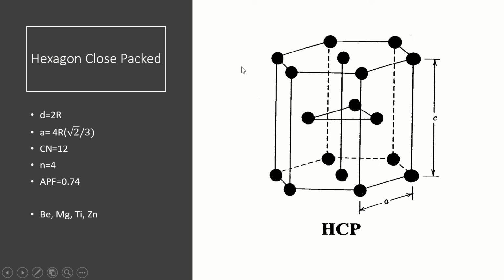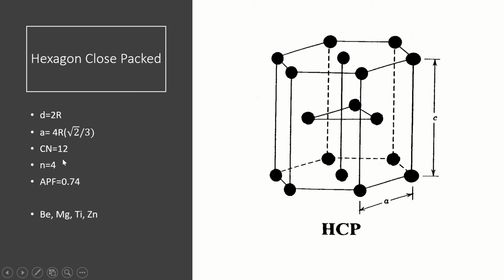Lastly, we have the hexagonal close-packed. This is the one that has the same atomic packing factor as the face-centered cubic. It is also 0.74, and it is very similar to the face-centered cubic, but the arrangement of the atoms is different in the material. So in the diameter you have 2 radiuses, and the lattice parameter is going to be 4r times the square root of 2 over 3.